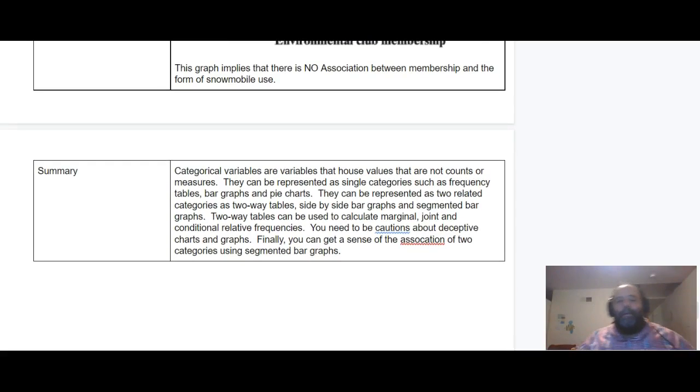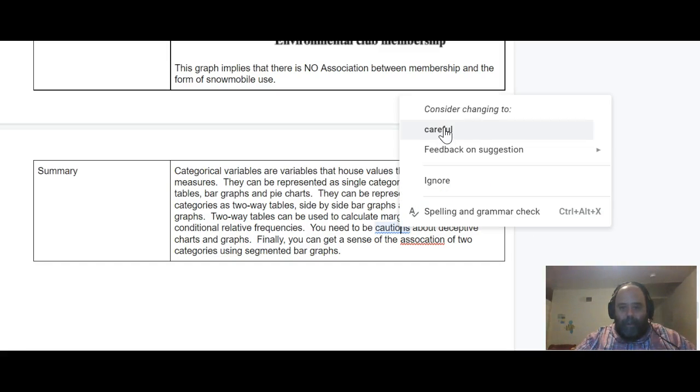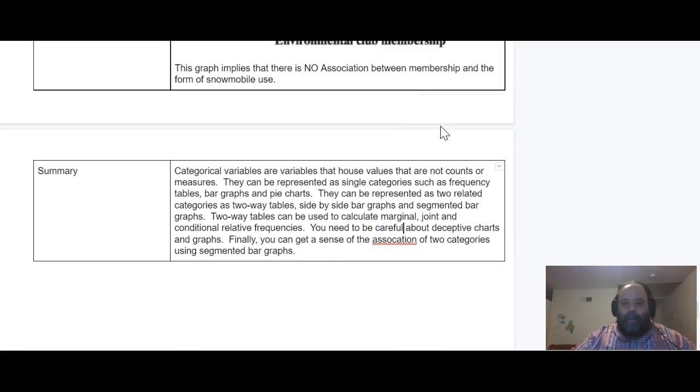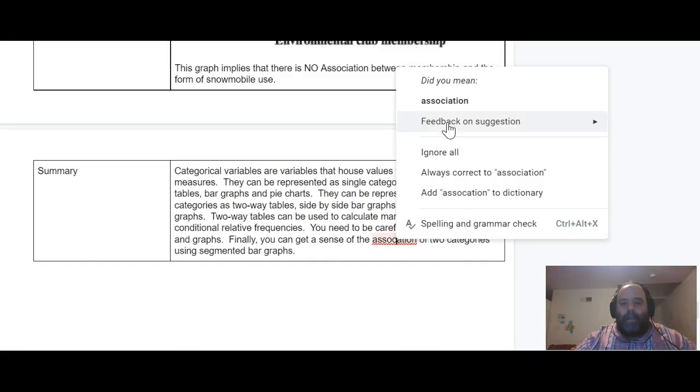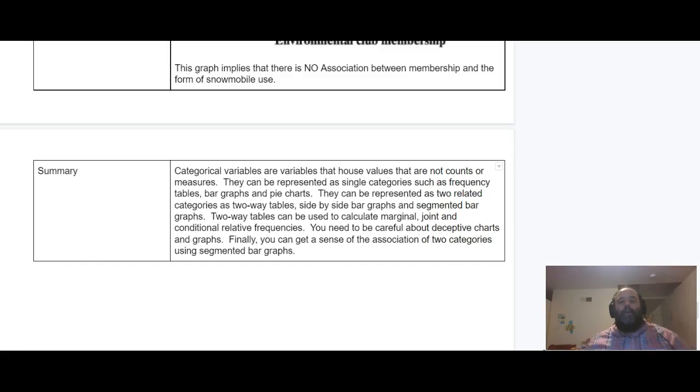Okay, so let's sum this up. Categorical variables are variables that house values that are not counts and not measures. Spelling errors. You need to be careful. I like careful there. And a sense of association will catch the spelling errors. All right. So categorical variables are variables that house values that are not counts and not measures. They can be represented as single categories using tools such as a frequency table, bar graphs, or pie charts.